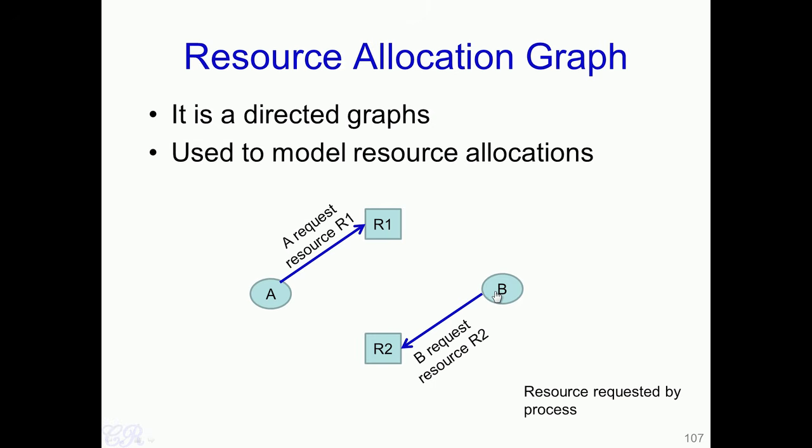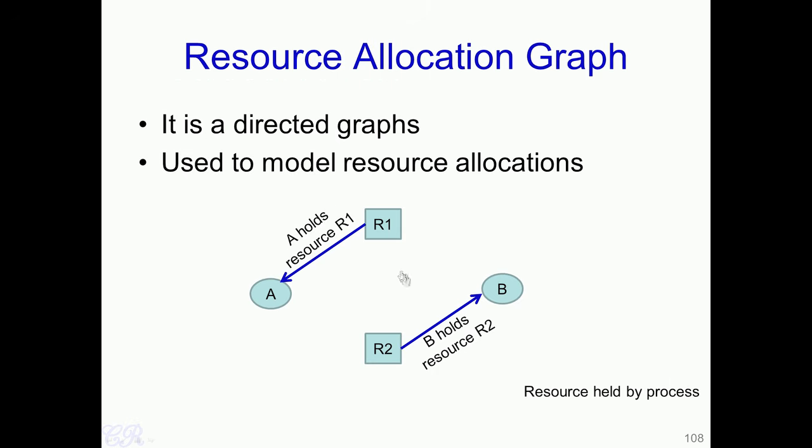Similarly, B in this case is requesting resource R2. These requests are made to the operating system, and if possible the operating system will then allocate that resource to the corresponding process. When that happens, the graph will look like this. Essentially, the direction of the arrow has changed. Now, the arrow moves from R1 to A, indicating that A holds resource R1.